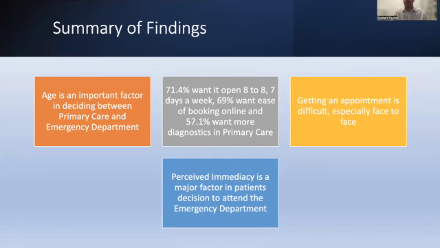Getting an appointment is difficult, especially face-to-face. But what we don't know that much about or fully understand is the perceived level of immediacy, which is a major factor in the patient's decision to attend the emergency department.